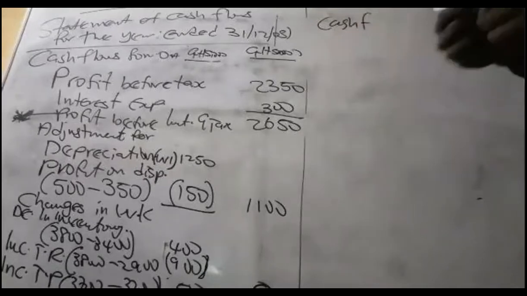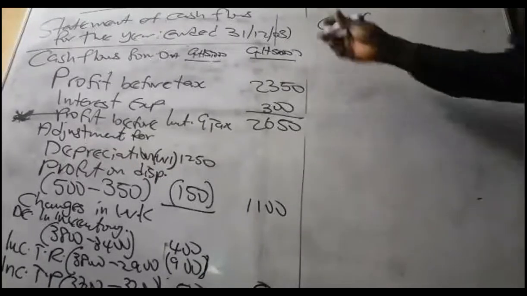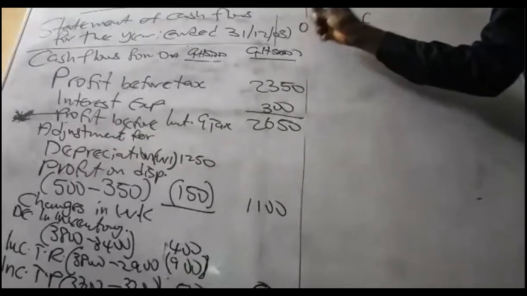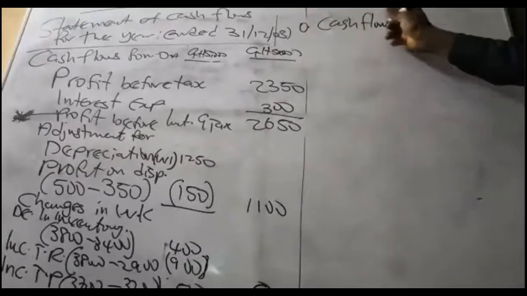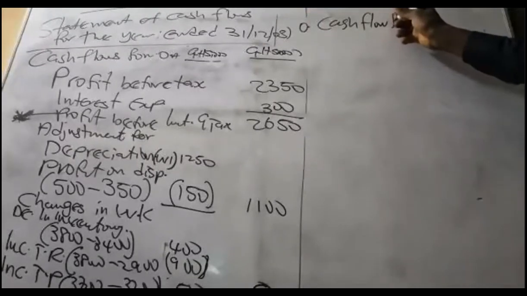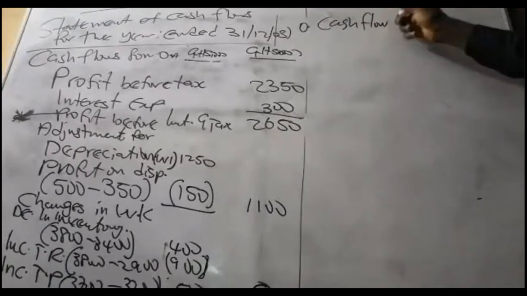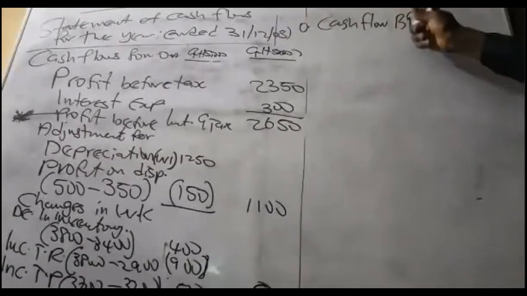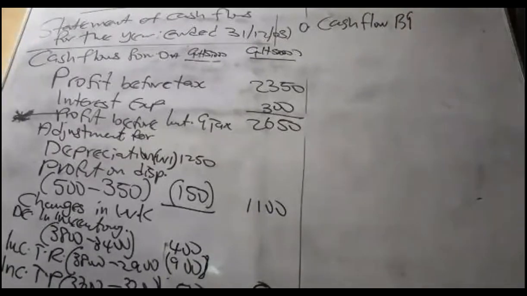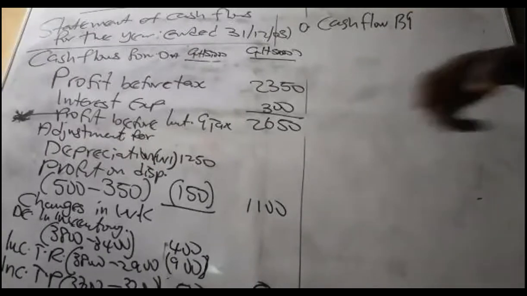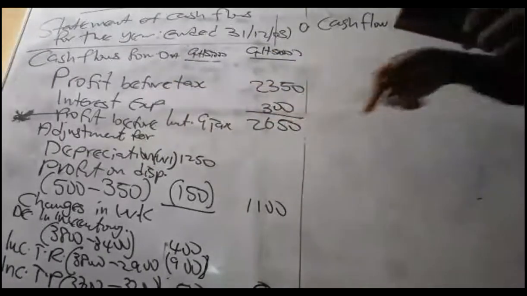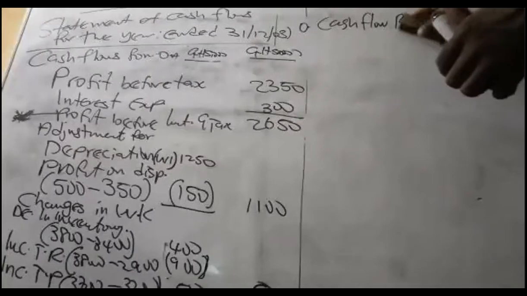Operating cash flow from where? Operating cash flow before interest and tax. You'll be able to master this profit before interest and tax to arrive at cash flow.